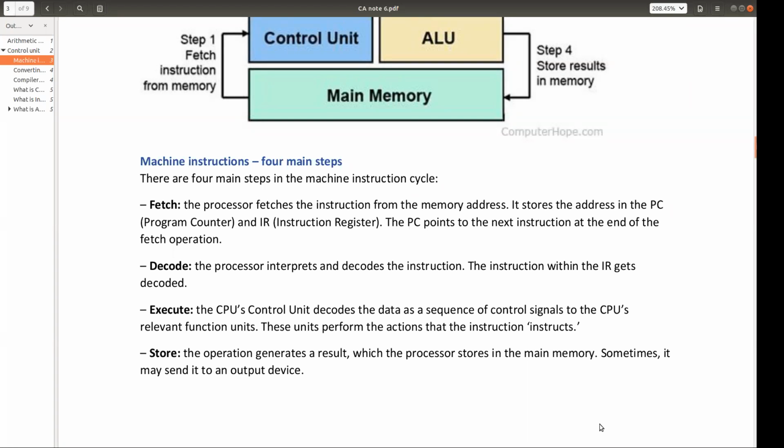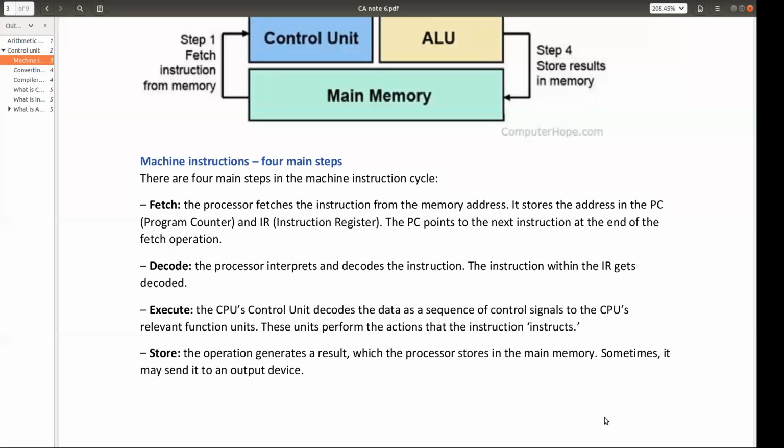With storing the result in memory, if needed, it also displays the result on the output screen, that is your monitor, or via your printer. So those are the 4 main steps of the machine instructions.